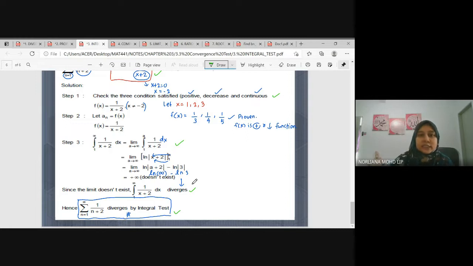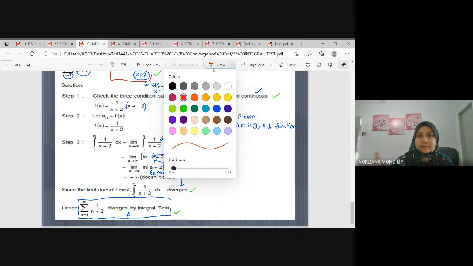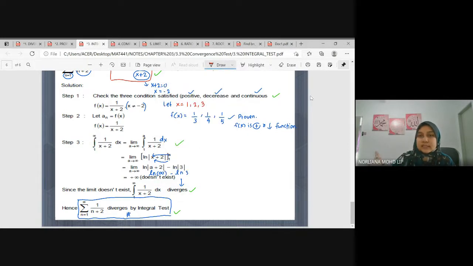Okay, yang ni tak ada exercise. Jadi awak buat sendiri kat sini. Saya tulis kat sini. Ni extra exercise lah untuk integral test ni. Nanti buat ni. Summation of extra exercise.